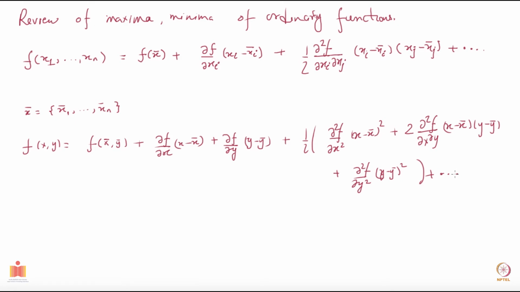Now if all the partial derivatives, del f over del x, del f over del y, and in the case of multiple variables, all the partial derivatives, they all are 0, then you call that point a stationary point. Let me write.